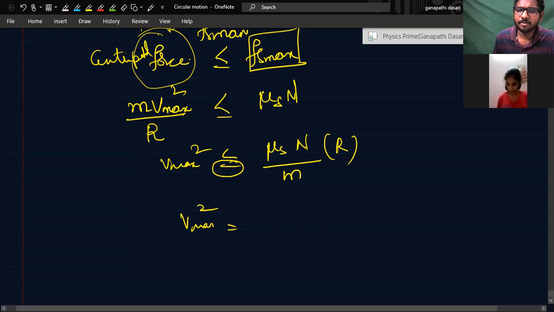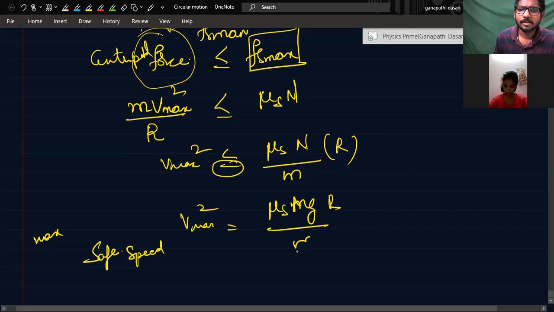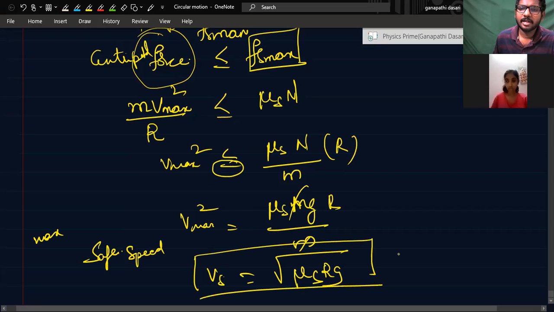Finding out that limiting velocity, limiting velocity is the maximum safe speed. N will be mg, so mu s into mg into R by m. Safe speed Vs is equal to root over mu s R g. This is the maximum safe speed.